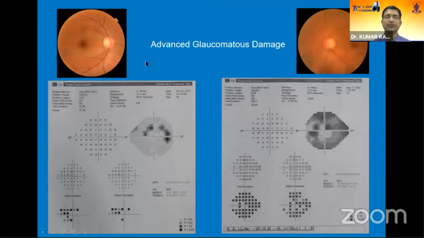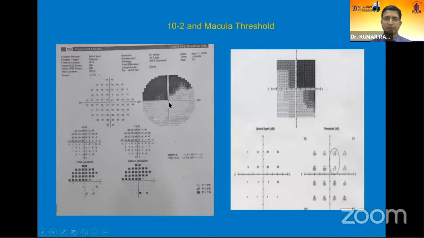For evaluation of a glaucoma patient, I would normally order a 24-2, and if a report is like this, it should suffice. But in case of advanced glaucoma, if any of the central 4 points is completely black, that means it is an advanced stage glaucoma. I would order, in addition to 24-2, a 10-2 program also.